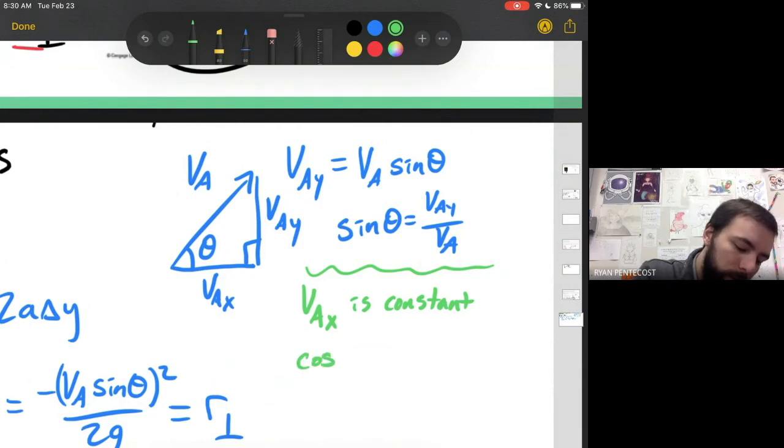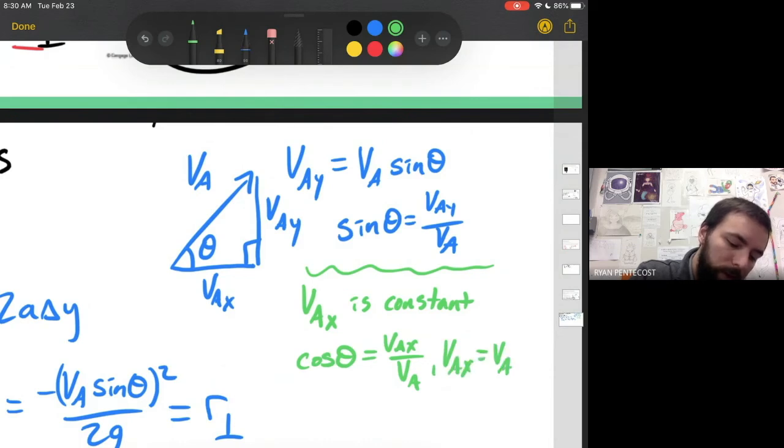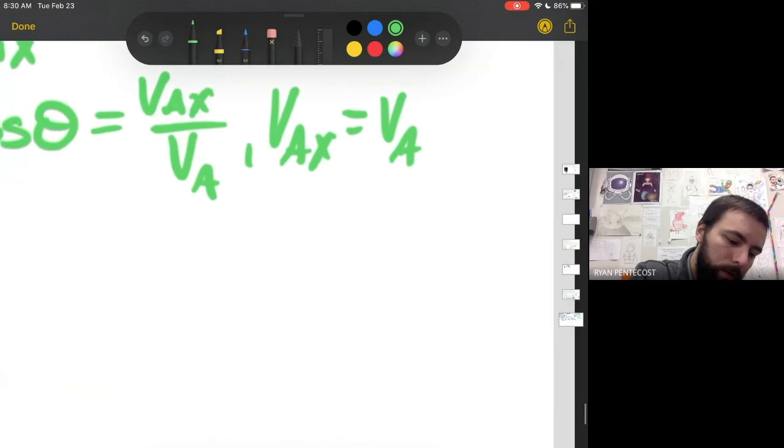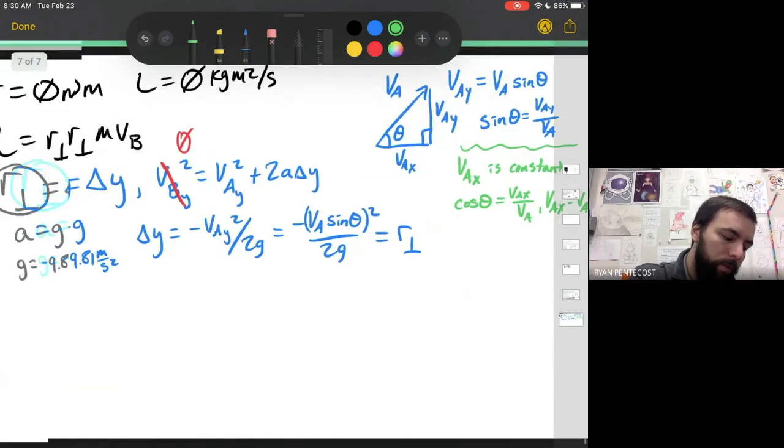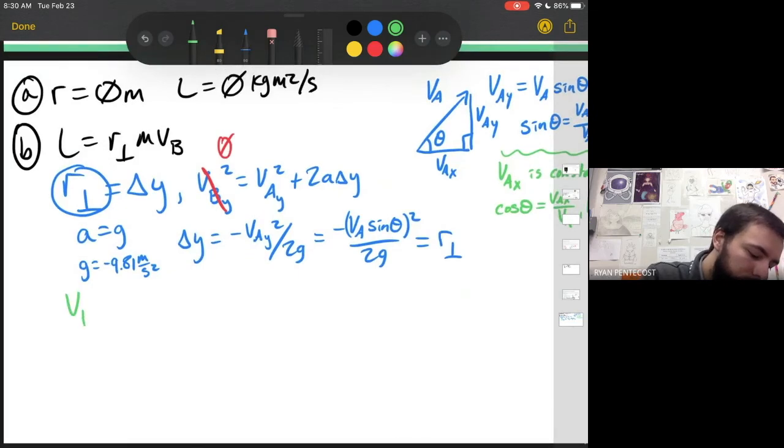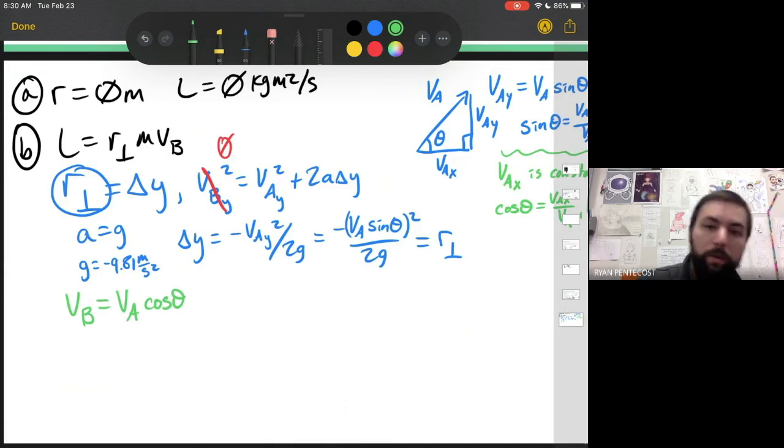So if cosine theta is VAX divided by VA, then VAX is VA cosine of theta. So our VB equals VA cosine theta.